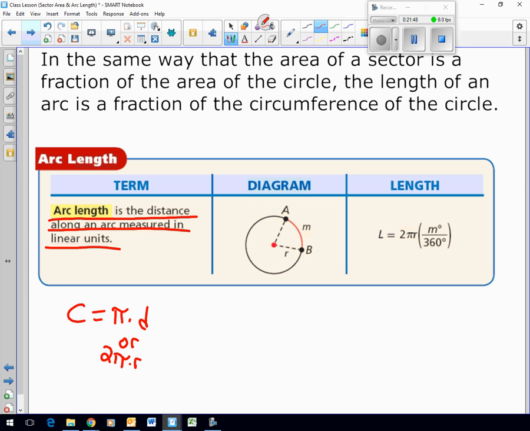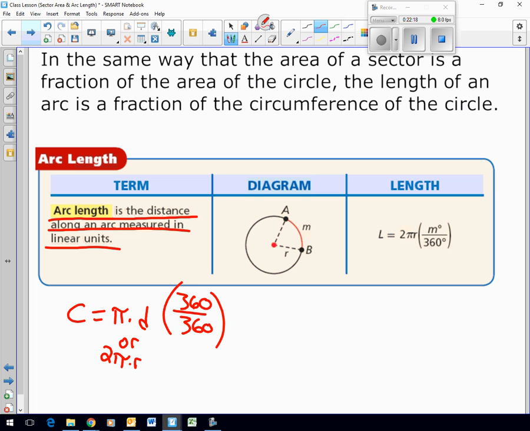Y'all see that? Now let's use our intuition here. If this gives me the circumference of the whole circle, how many degrees does it incorporate? Out of how many? So it's the same formula, right? It's the same thing we just did. We don't teach you in middle school that you have to have those 360. And honestly, here in high school, you don't have to do it, okay?